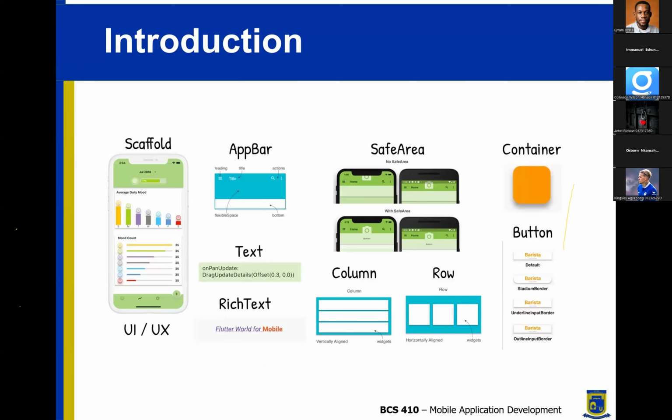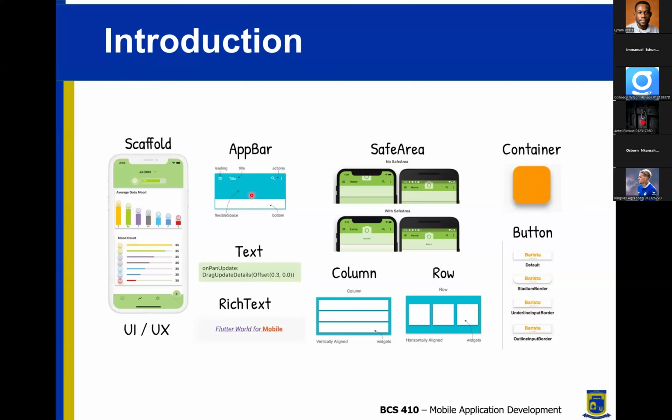Now, given any mobile application, there are some features that you see. Okay. In Flutter, we have the scaffold. Okay, so the scaffold basically shows the main functionality of your application. Okay. There's also the app bar.